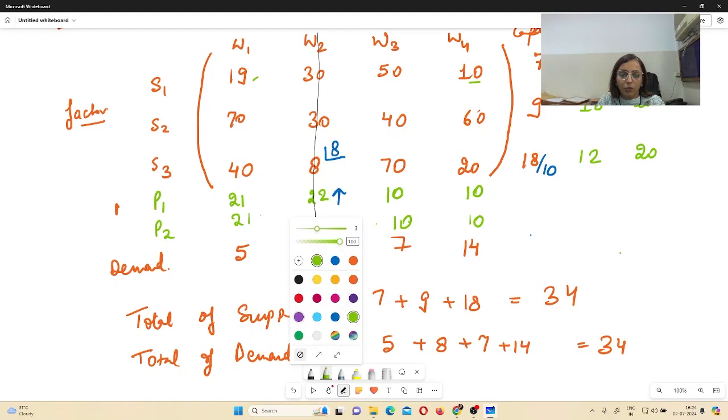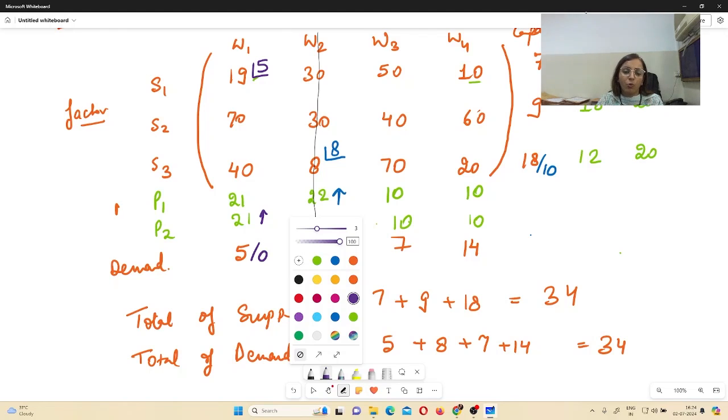Give the allocation with the same color I am selecting. Yes, it is selected. From the W1, the maximum we selected, and the lowest one we have to select. Lowest is 19. Give the allocation to this, 5, because it is 5 and 7. The maximum allocation we can give is 5. So the value remaining over here will be 0, and from 7 we have given 5. The remaining value will be 2, right?